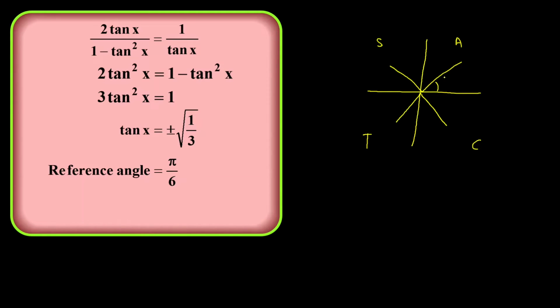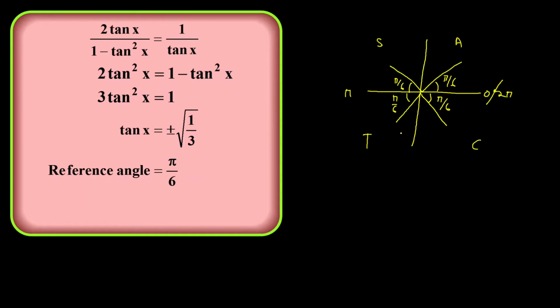Here will be pi over 6, and over here pi over 6, again pi over 6, and again pi over 6. So always refer to this line. This reference line is pi. This reference line is 0, but because I need here, I have another one which is 2 pi. So I have two sets there.